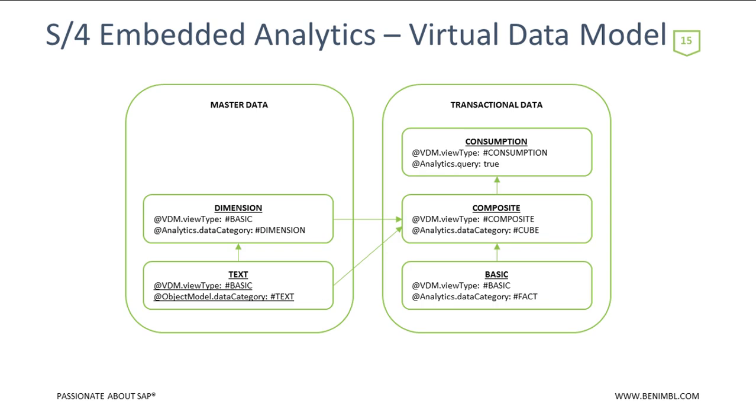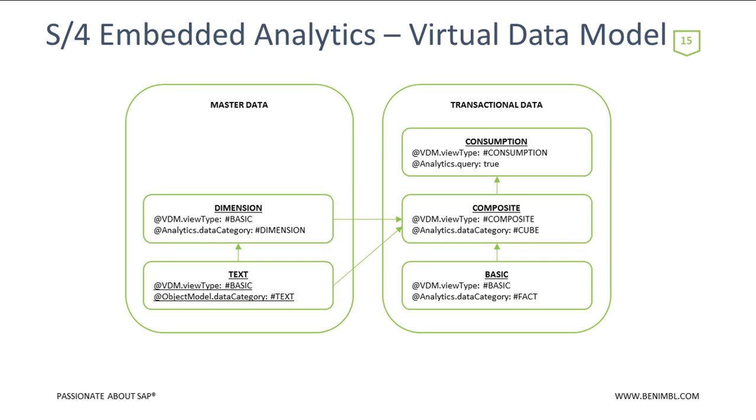So what does a virtual data model look like? Again, for those of you who have a BW system, this will look very similar to the architecture in BW, where we load the data into a DSO or an ODS. Typically, you would have a cube for a second layer, and then you would have a multi-provider or a composite provider, and then finally your BEx query. So those elements translate on the right side here of my screen.